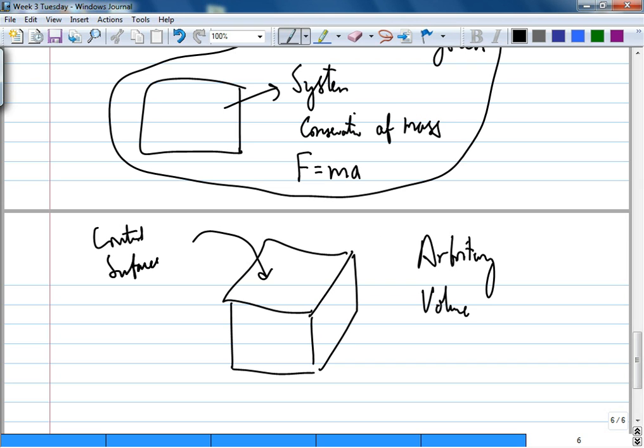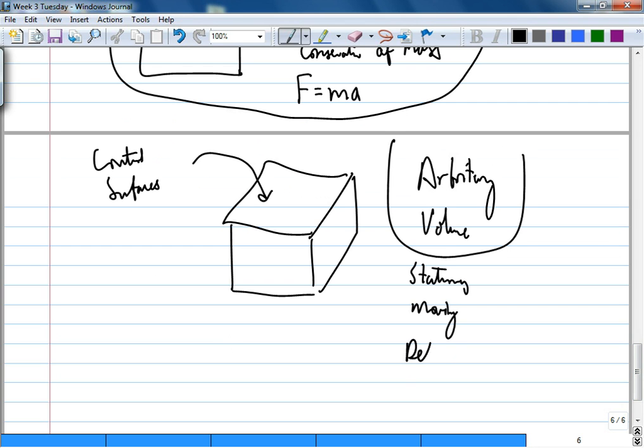So we have a box with control surfaces, and this box can be stationary, can be moving, can be deforming, and can do all at one time.